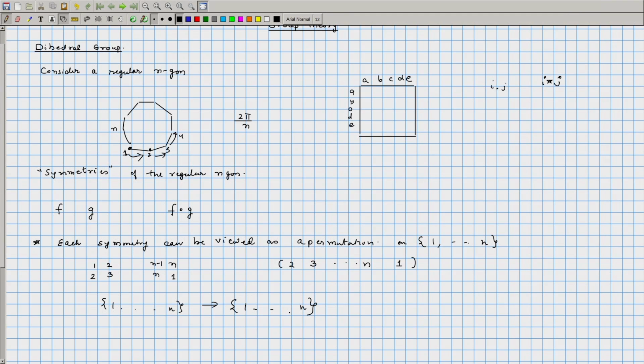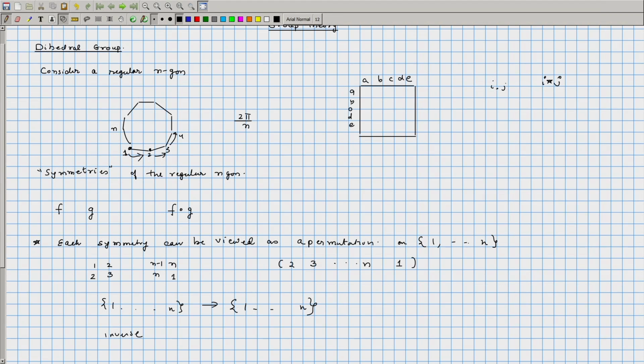The required properties were, first is closure, that means two elements should combine and give an element in the collection, that is of course the case, and it is associative, you can verify that, and the remaining properties were inverse, the existence of an inverse. So, if you look at any permutation, it has an inverse permutation, and that inverse permutation will correspond to a particular symmetry. Okay.